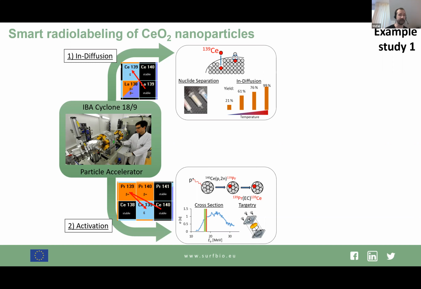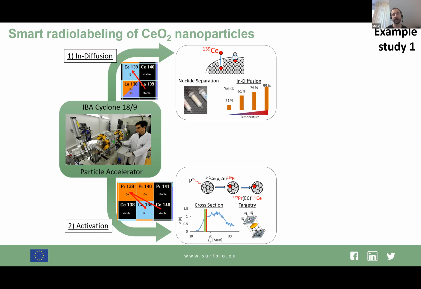The other way that we can go for the radiolabeling of the cerium dioxide nanoparticles is the activation. This is actually a more complicated step. Concerning the nuclear reaction, we go from cerium-140 to praseodymium-139.